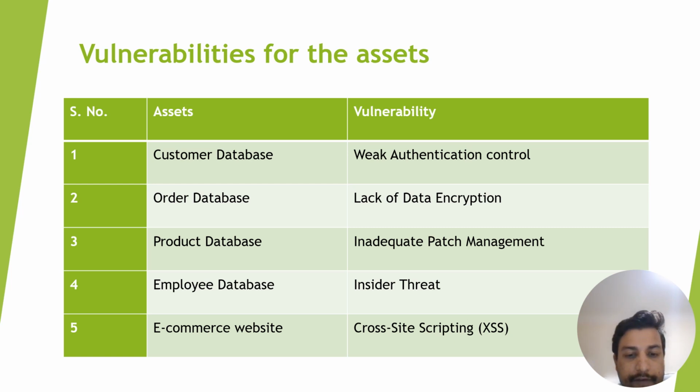This database may have inadequate patch management practices that can lead to vulnerabilities in the product database. This can allow a hacker to access the database and execute malicious actions.